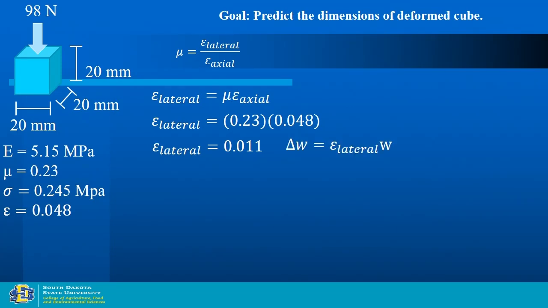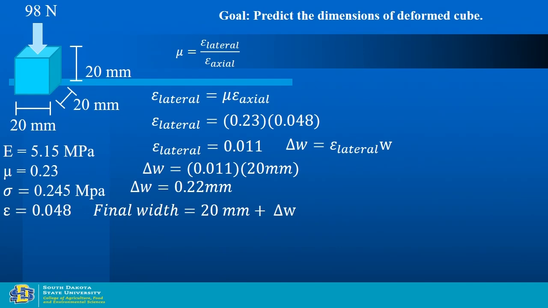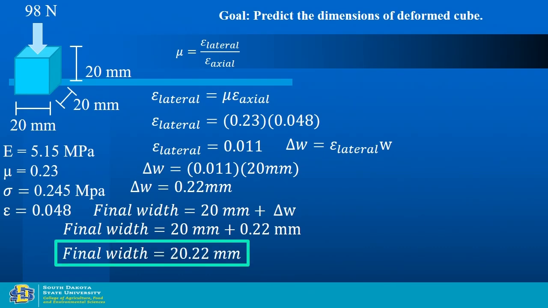From this you can calculate the change in width. Multiply by the width, which is 20 millimeter, and you get 0.22 millimeter. So the final width would be 20 plus the change in width, 20 plus 0.22, which is 20.22 millimeter.